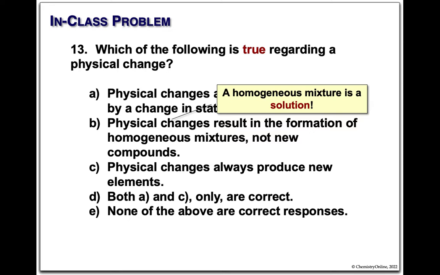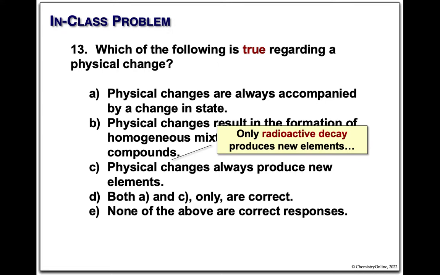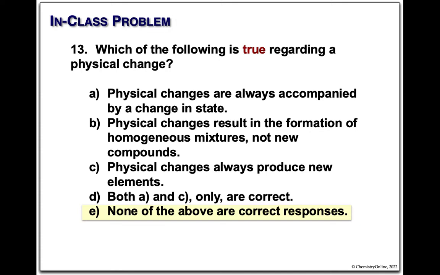Number three, they always produce new elements. Well, that would be nice, lead into gold. That doesn't work either, unless you're doing radioactive decay. But that's chapter 11. We're not there yet. So that's not right either. Finally, none of these responses are correct.